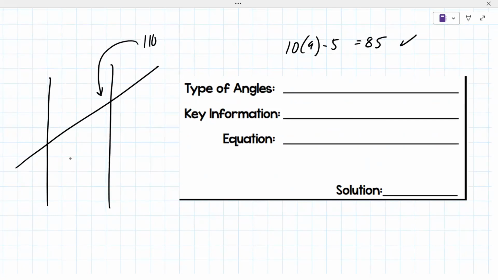This is 110 degrees, and then the angle right here is 5x minus 35. What type of angles are these? Both of those are on the top. Yes. Okay, so that's same side interior.